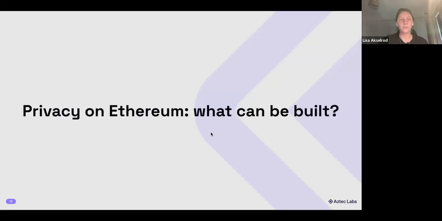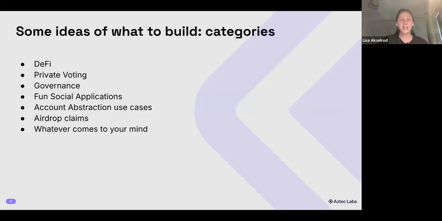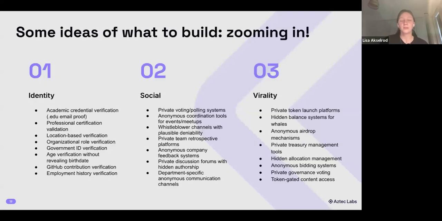So, privacy on Ethereum, what can be built? Now we are going to be a bit more precise for people who want more concrete ideas. Just some verticals where privacy makes a difference: DeFi, private voting, governance, pan-social applications, account abstraction, airdrop claims, and whatever comes to your mind.